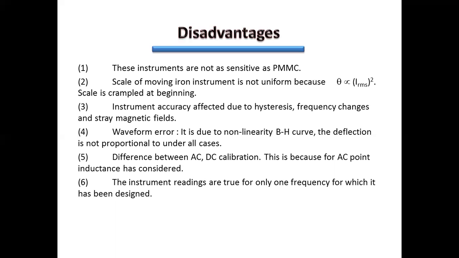Due to the presence of an external magnetic field, interference may be caused and instrument functioning may be disturbed. So the instrument accuracy is affected due to the presence of stray magnetic field. And if you operate the instrument at a different frequency, the response of the instrument is going to be different.